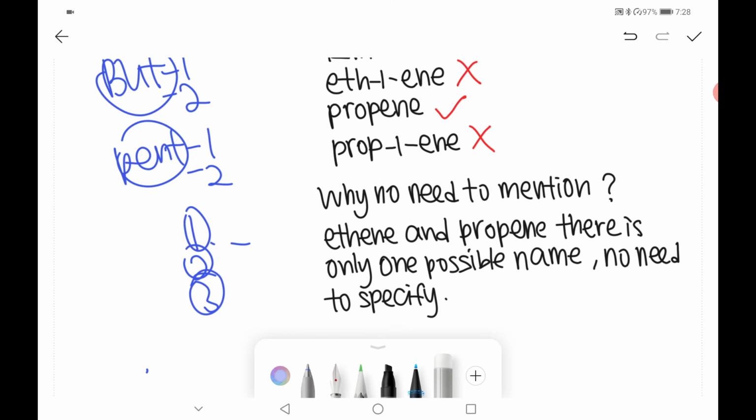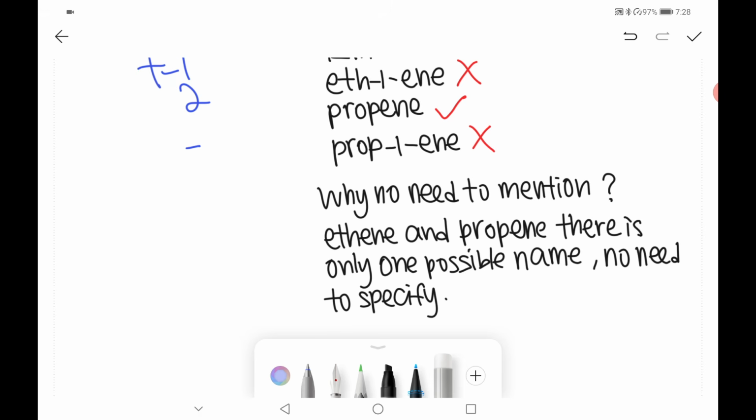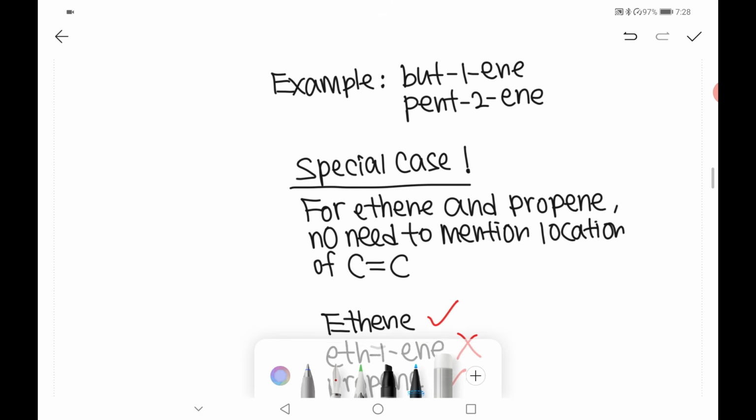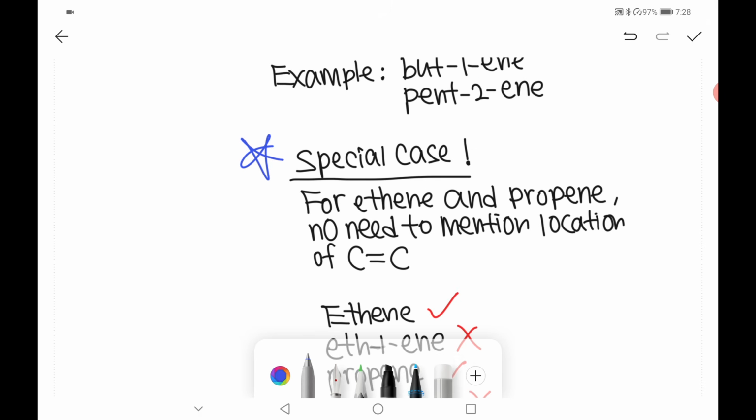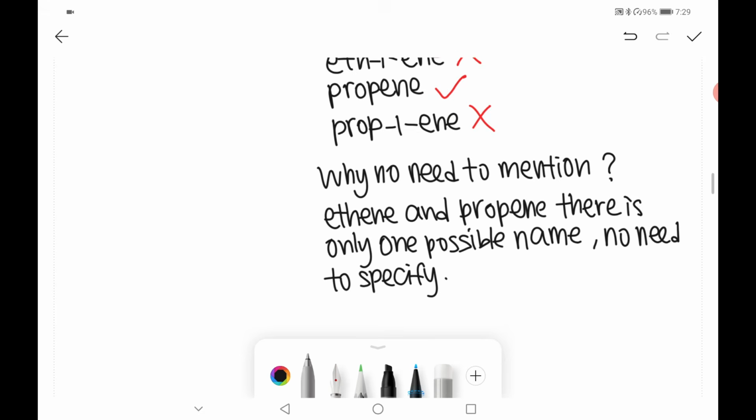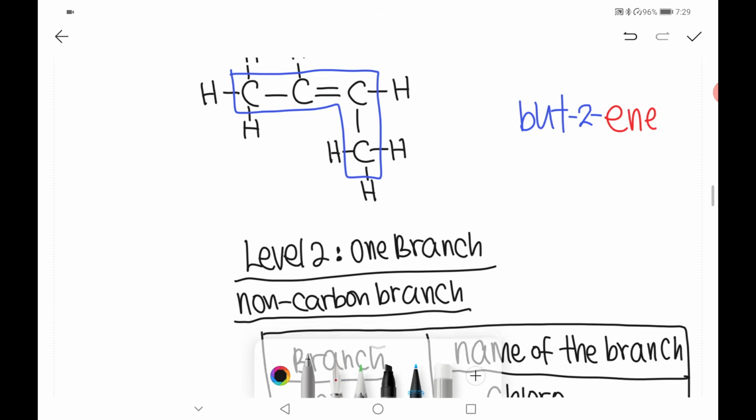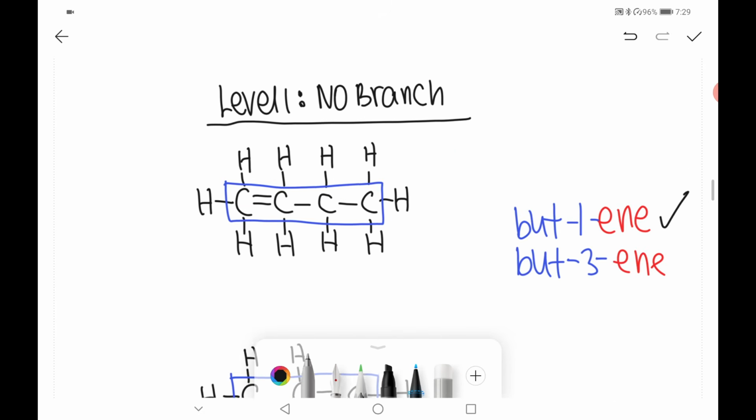But for ethene and propene, you don't need to mention it. This is a special case that you must be very careful about. Okay, so that finishes level 1.